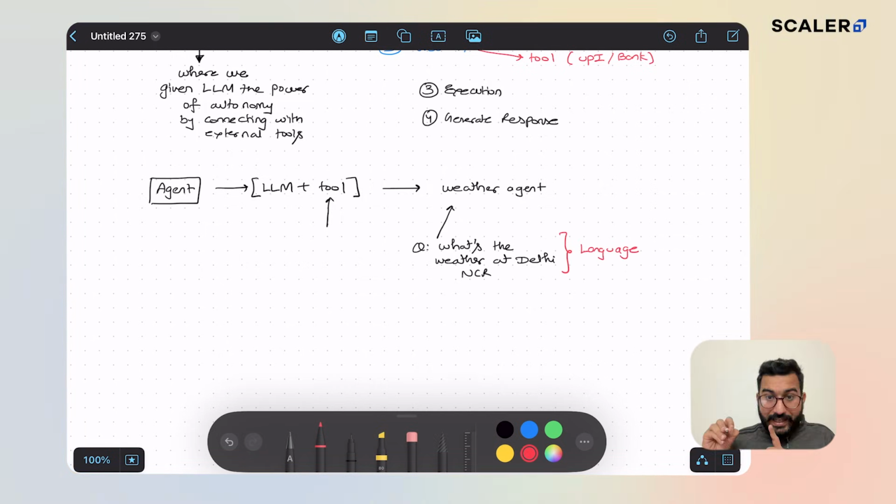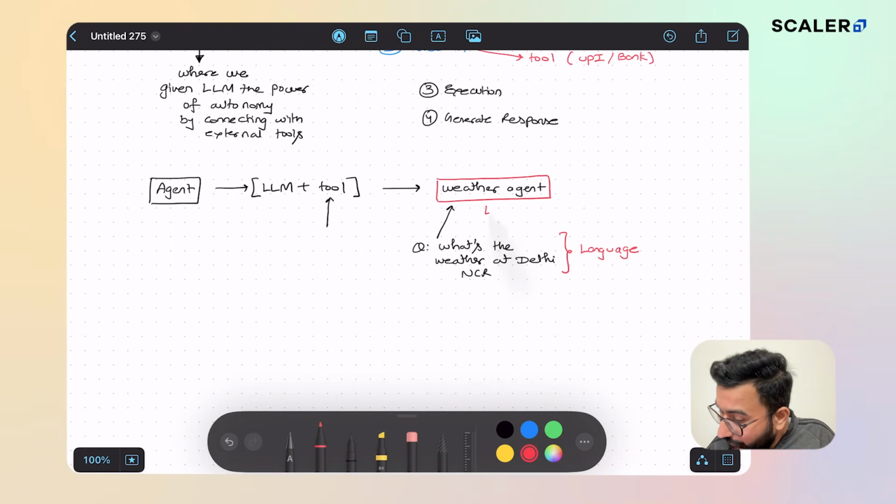Now, since this agent has access to both the tool as well as the LLM, first, the LLM will decode your question. Second, it will also generate the input to the tool.